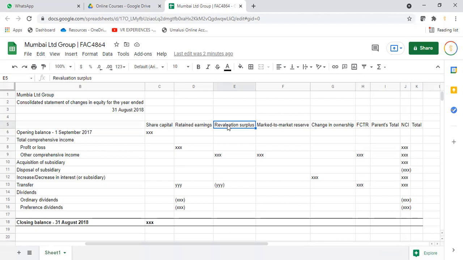Now, the revaluation gain is 100% before tax. So they're going to see whether you know you need to take the revaluation amount and convert it from the parent's portion to 100%. Once you get to 100%, you then need to convert it from after tax to before tax.